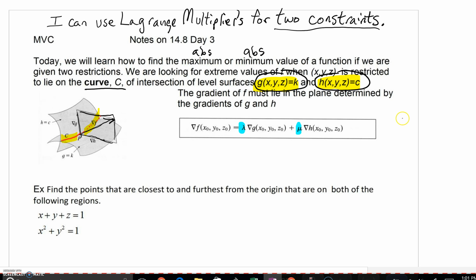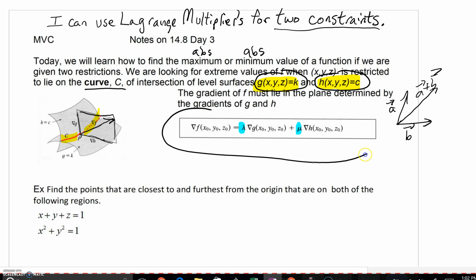Way earlier in the year, we learned how to add two vectors together, like vector A and vector B. We said that with the parallelogram method, this diagonal of the parallelogram would be the sum. You look at that and you might think, wow, if this is the picture at hand, it sure looks like the gradient of F would be the sum of gradient of G and gradient of H. Well, yes, some scalar multiples of them.